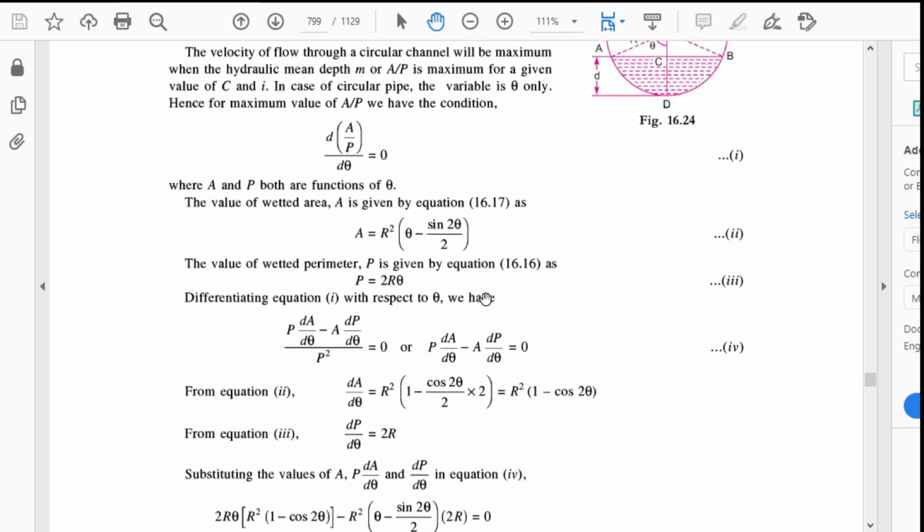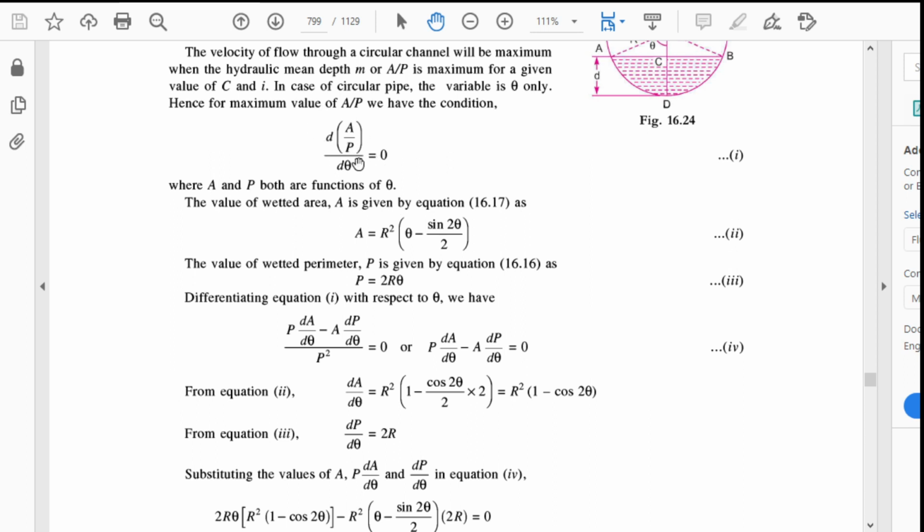Now firstly, the wetted area is r square into theta minus sine of 2 theta divided by 2, and the value of the wetted perimeter is given as P equals 2r theta. Now we have to differentiate this.